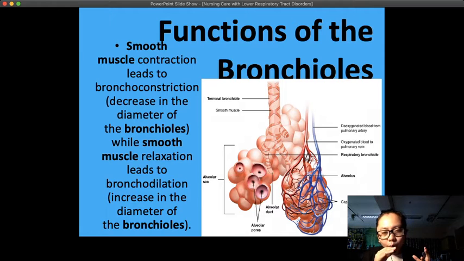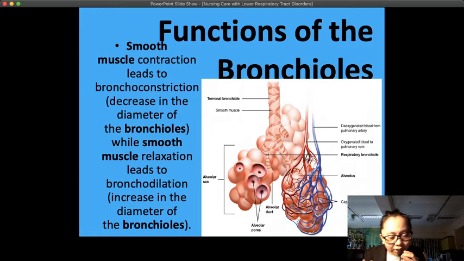Okay, so you already know what bronchoconstriction means, but you don't know how it happens inside the body. So when there is bronchoconstriction, there is a decrease in the diameter of the bronchioles, thus decreasing the passageway of the air.